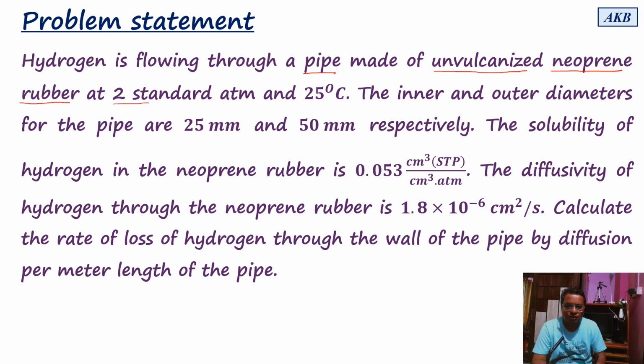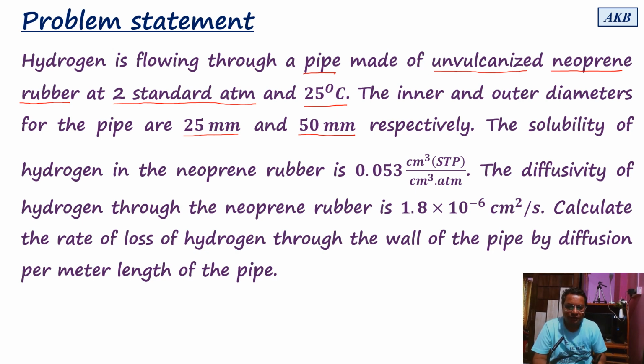The total pressure is 2 standard atmosphere. Hydrogen is flowing through that pipe at 2 standard atmosphere, and the temperature is also given. Temperature is 25 degrees Celsius. Then the inner and outer diameters for the pipe are given. The inner diameter is 25 mm, outer diameter is 50 mm respectively.